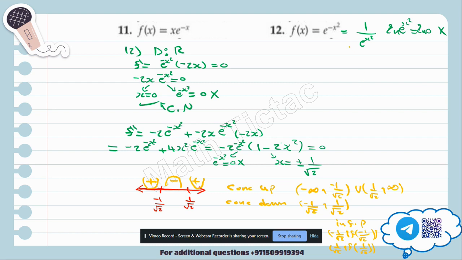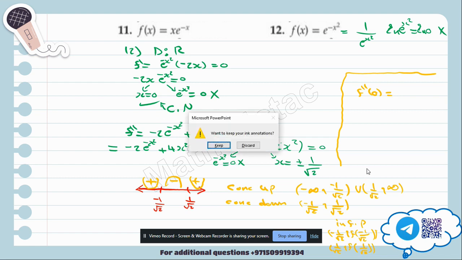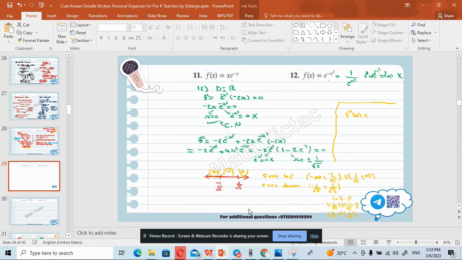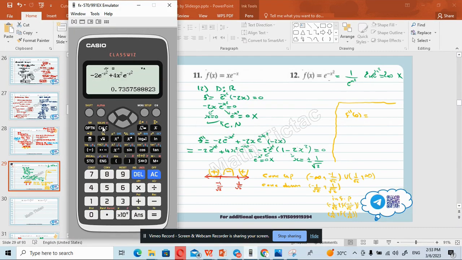Okay, now for finding the local points, I'll find f double prime of the critical number. The only critical number we have is 0. So I'll substitute the 0 in the second derivative. So in here, e to the power 0. So let's substitute the 0.